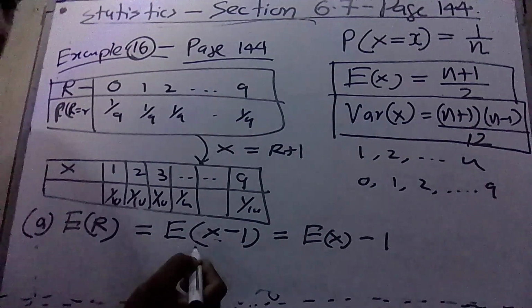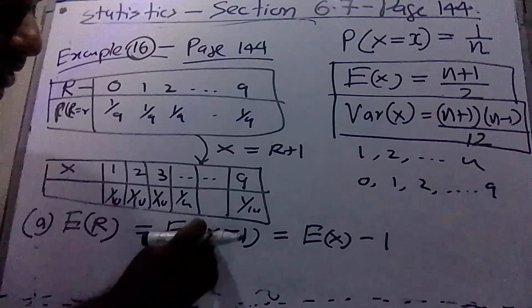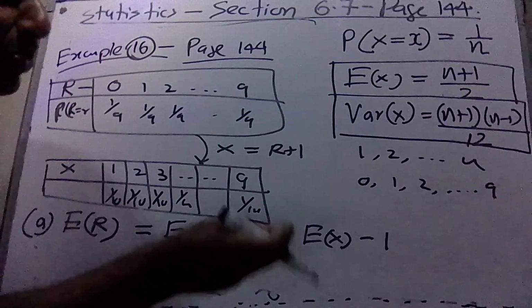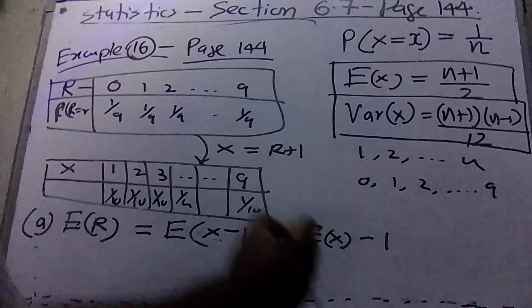We discussed this in the other lesson. When we expand this, we get E(X) minus the expected value of 1. The expected value of a constant 1 is always 1. We proved that also.